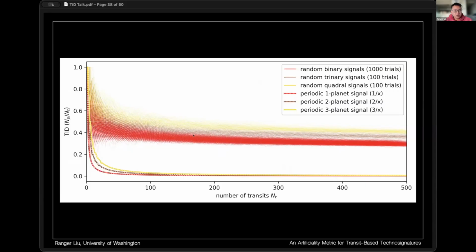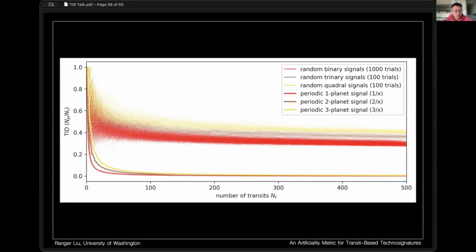You can notice that as you increase the valency, the random regime also moves slightly upwards, and that maybe aligns with our intuition that having more nuance in more possible states might translate into more information content. And then the periodic 2 and 3 planet signals here are following 2 over x and 3 over x trends, as we would expect.